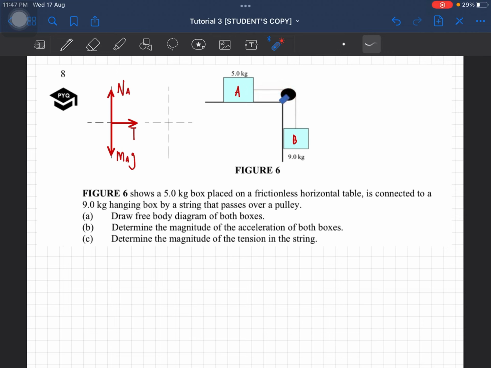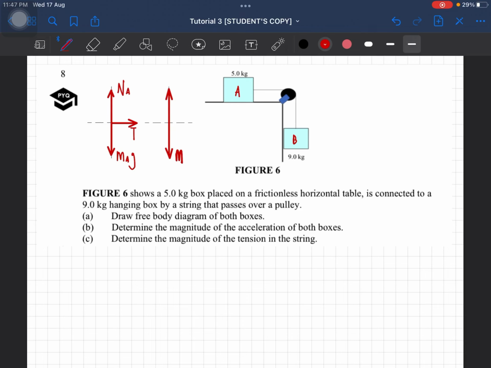Okay, for block B it is easier because it has only two forces. It will have weight and the tension. It's not in contact with anything, so there is no normal force, sorry. Tension, and what is this?